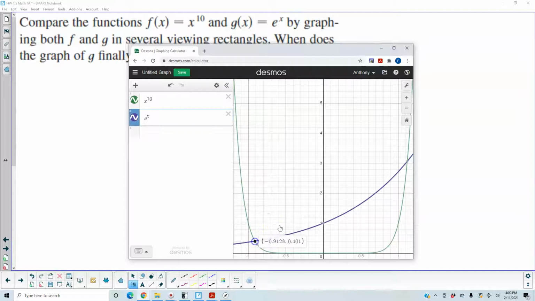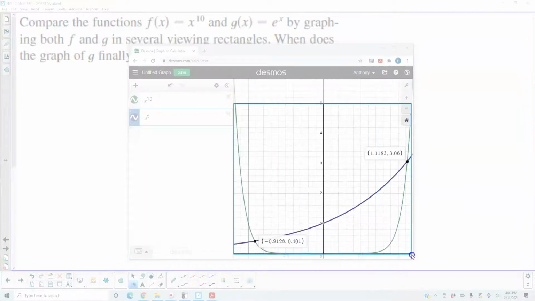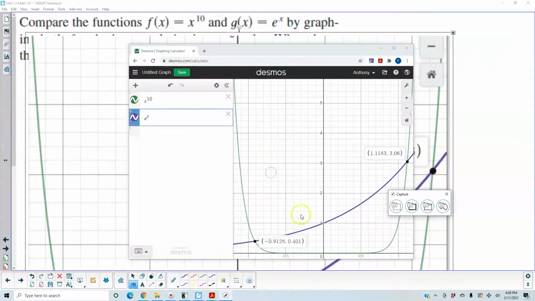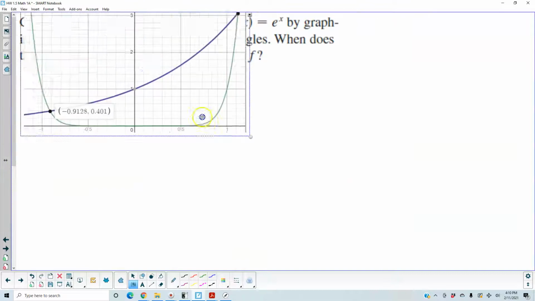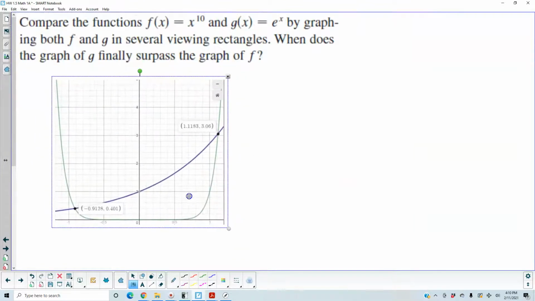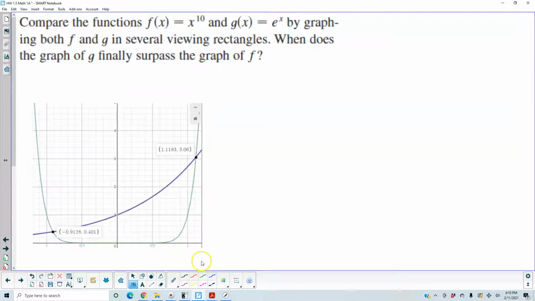Let's go ahead and copy that. So we'll change the viewing rectangles again.